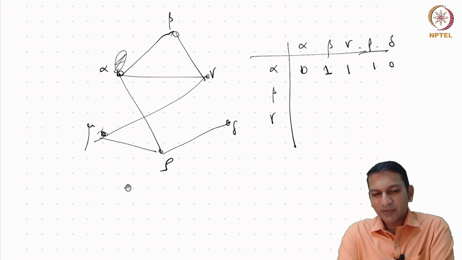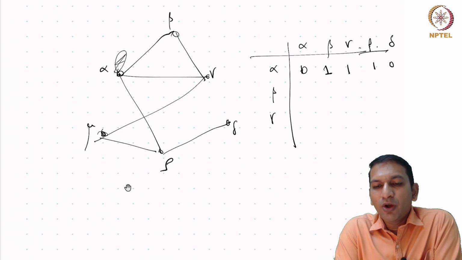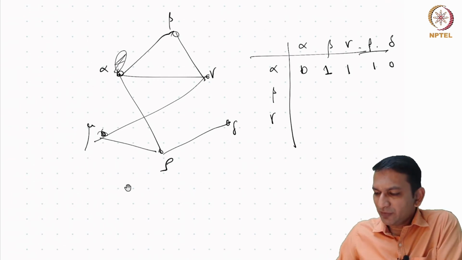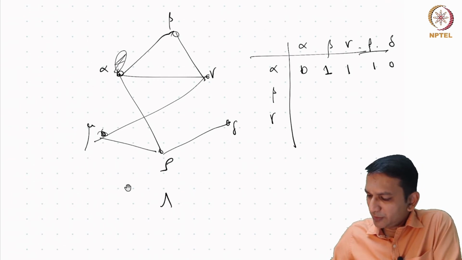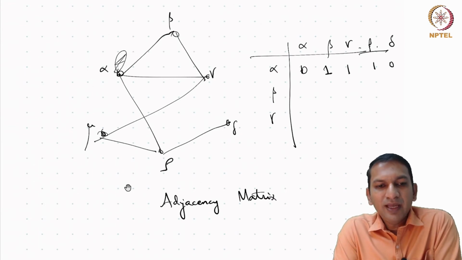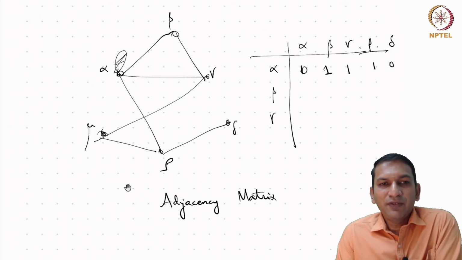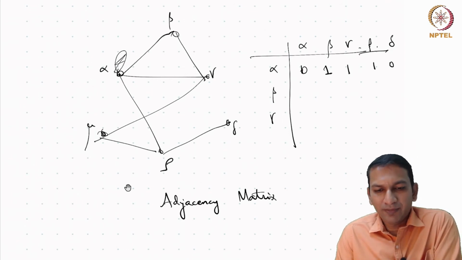So you see here, if each node does not have a self loop, then it is not reflexive. However, what you have is the graph being represented in terms of what is called an adjacency matrix. This clearly is a binary classical relation, binary in the sense of having values 0 or 1.